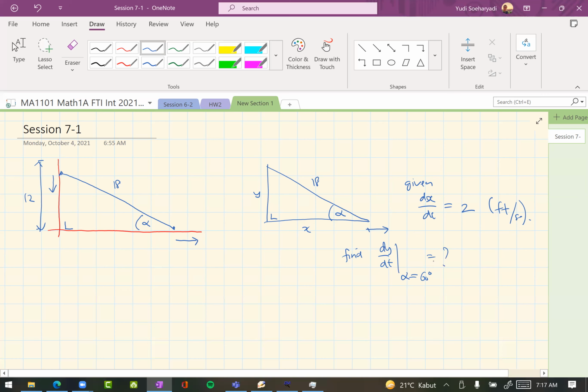So somehow you have to find a relation between x, y, alpha, and 18.